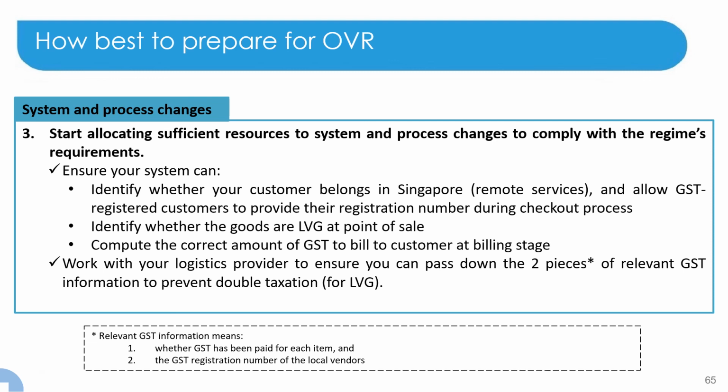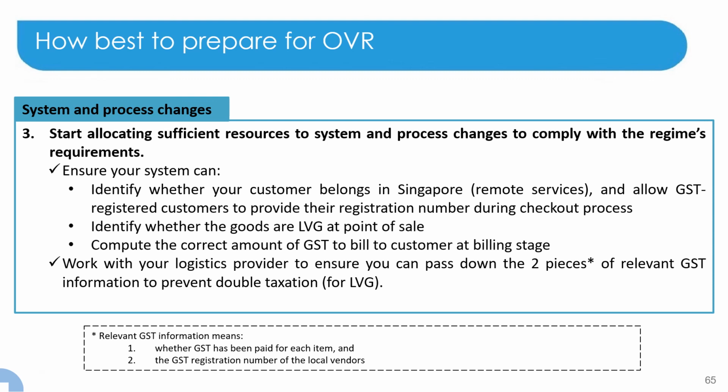You should also start allocating sufficient resources to system and process changes to comply with the regime's requirements. You should ensure that your system can identify whether your customer belongs in Singapore for supply of remote services and allow GST-registered customers to provide their GST registration number during the checkout process.